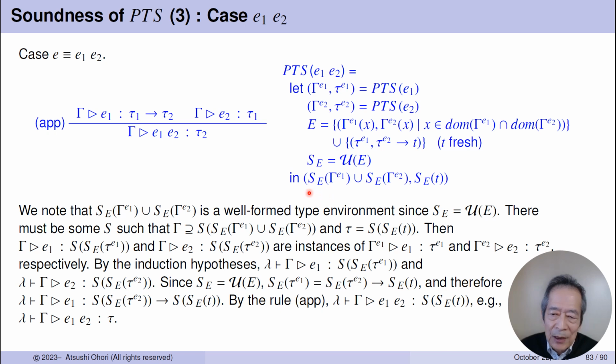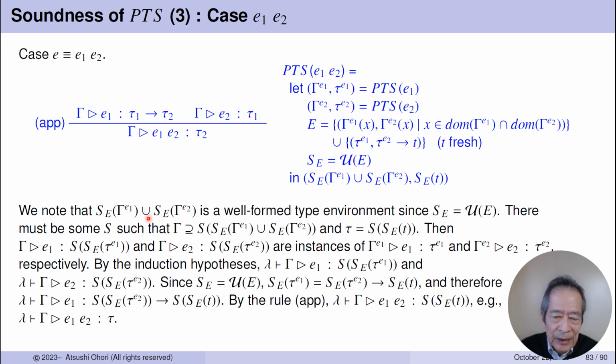Before I go into the reasoning about the arbitrary instance of the returned typing, we note again that this union is a well-formed type environment, since this SE equates, because the SE is a result of unification of equations containing this equation, so the common part is equal.